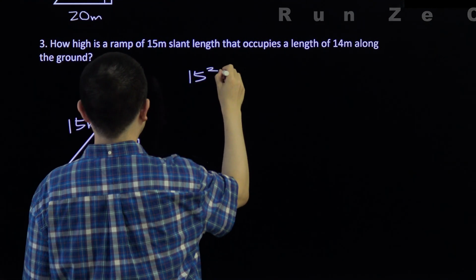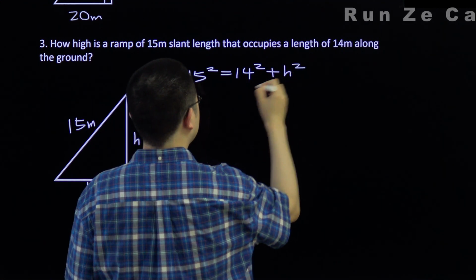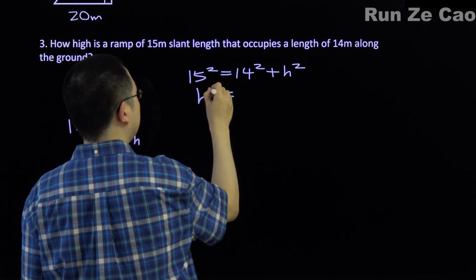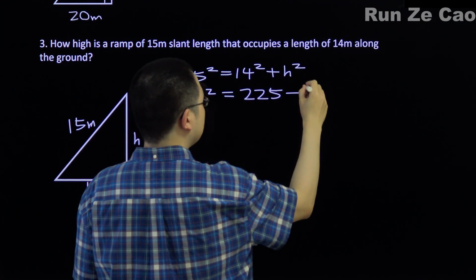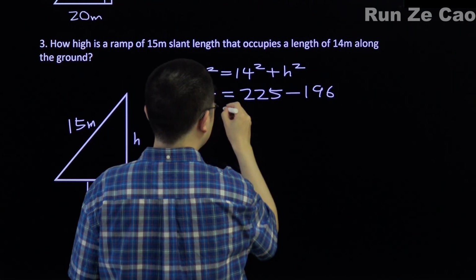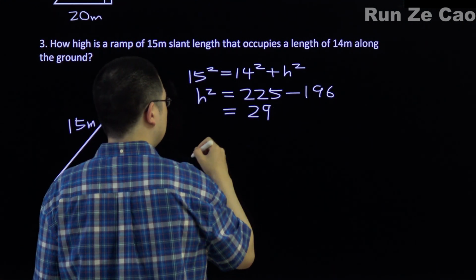So, 15 squared is equal to 14 squared plus height squared. Therefore, height squared is equal to 15 squared, which is 225, minus 14 squared, which is 196. So we're dealing with 29.